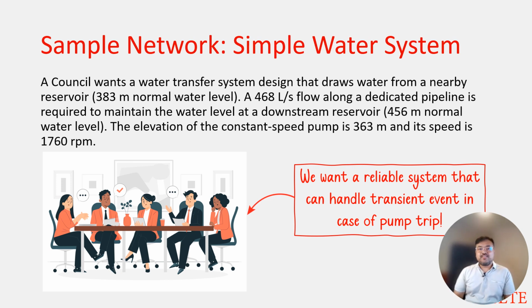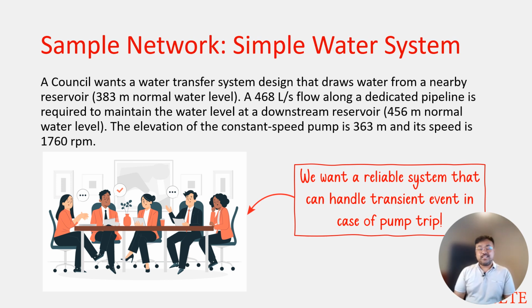So here we have a simple water transfer system that we will be using as a case study. This system consists of a water pumping station that draws water from a nearby reservoir. The normal water level is 383 meters. The water is then conveyed at a rate of 468 liters per second through a dedicated transmission pipeline to a second reservoir, which has a normal water level of 456 meters.